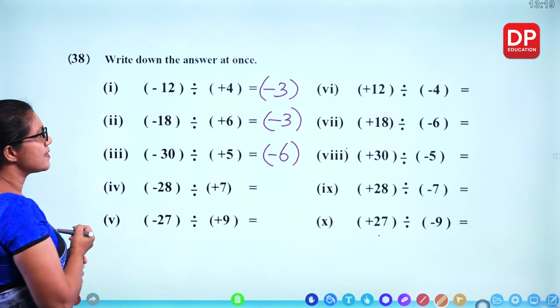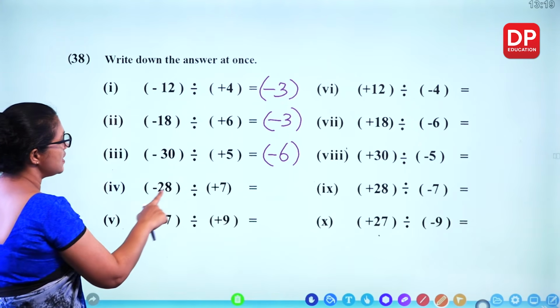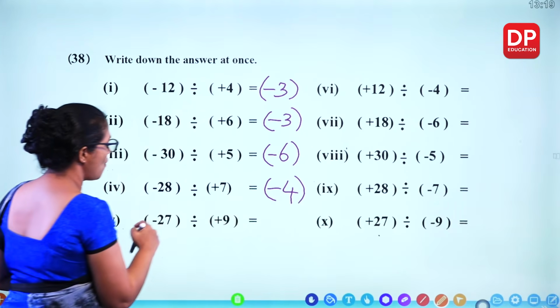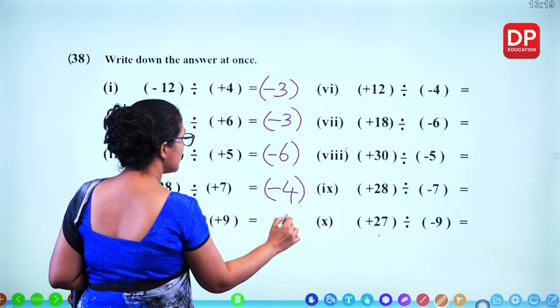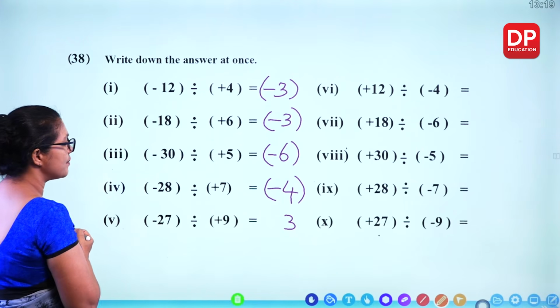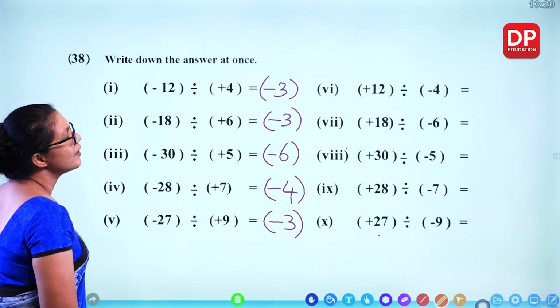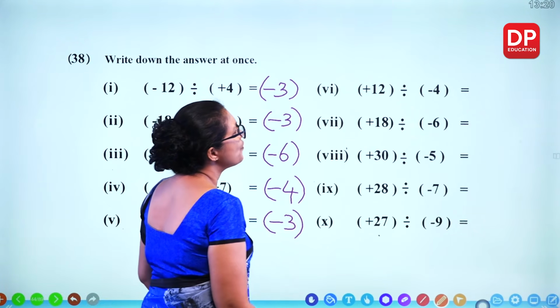Answer is minus 6. Negative, positive. 28 divided by 7, that's 4. You get negative 4. 27 divided by 9, you get 9 times 3. So this is negative. Now look at this one. 12 divided by 4, you get 3.